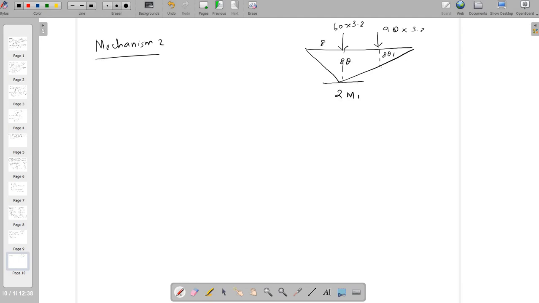And 2 MP is available here. In this theta, here it is theta 1. Now the internal work done is equal to, at the bottom of the load, 2 MP theta plus theta 1, plus here the intermediate support there is a possible hinge, but right side there is no possibility of hinge because of the simply supported. And MP into theta here.